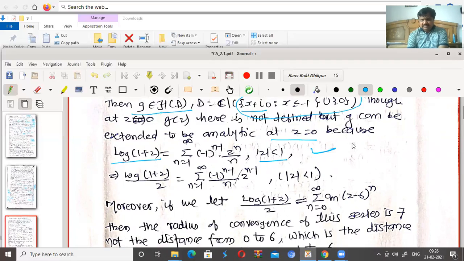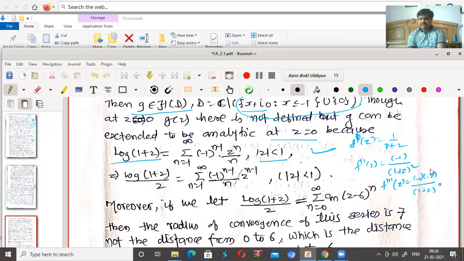What is the first derivative? 1 upon 1 plus z. What is the second derivative? Minus 1 upon (1 plus z) square, isn't it? What is the third derivative? Minus 1 into 2 upon (1 plus z) to the power 3, and so on.